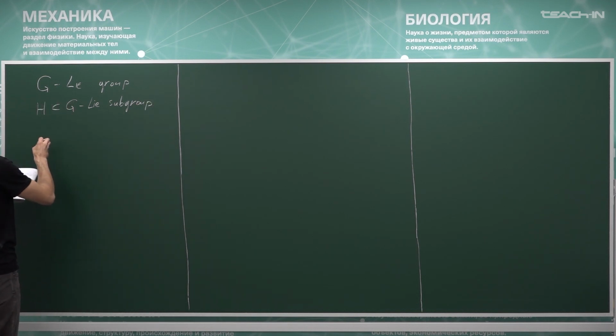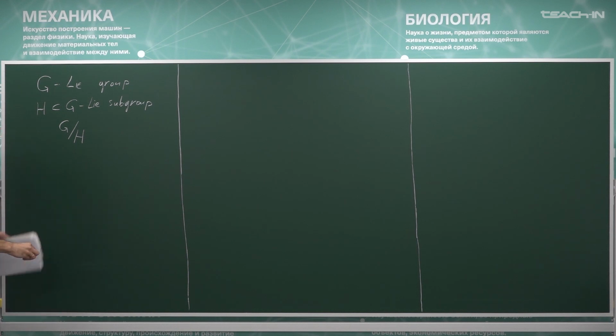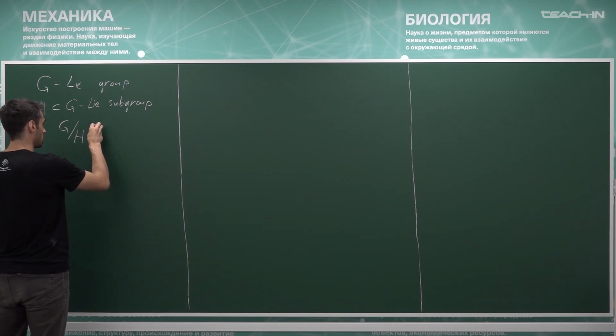And of course, you can then consider a quotient of G by H just as a set now, right? So these are all classes, like this.